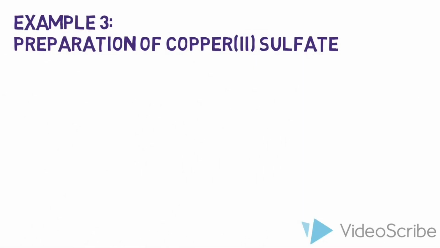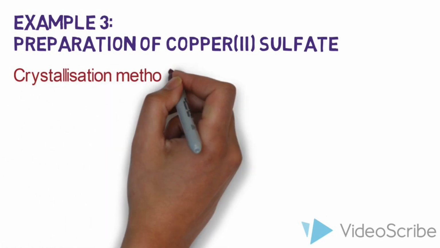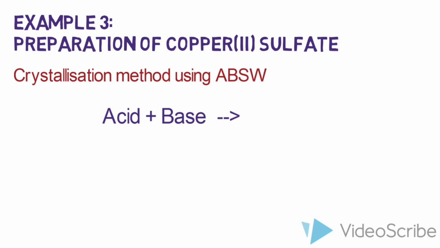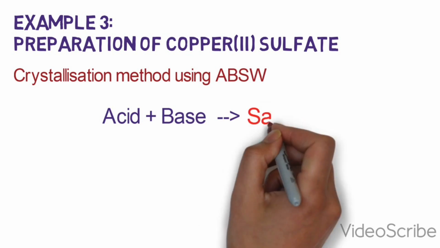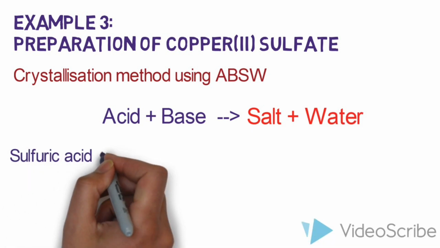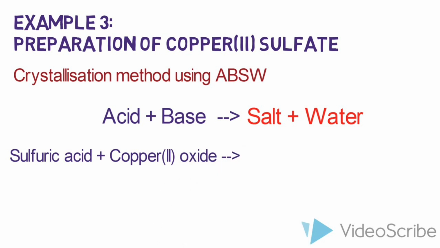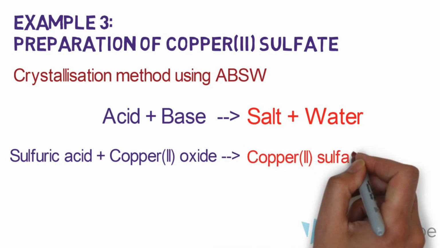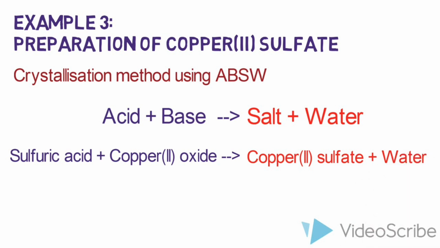So, in the preparation of copper(II) sulfate using an acid-base reaction, a reaction between an acid and a base forms salt and water. The example that I'll be using is sulfuric acid reacting with copper(II) oxide, and that will give me copper(II) sulfate and water as the products.